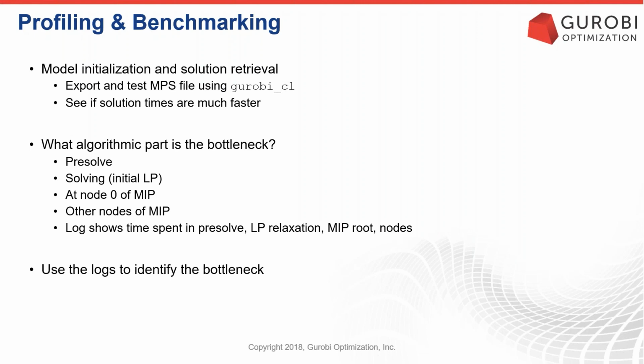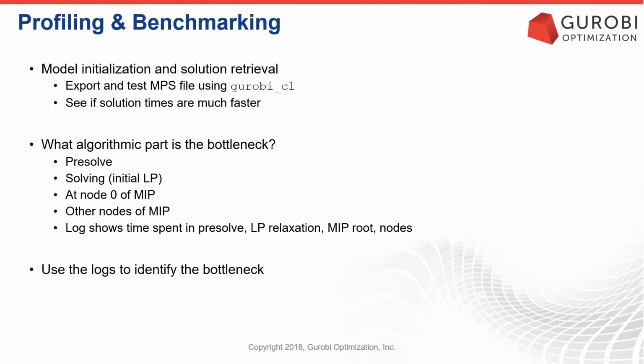So you export an MPS file, and then you just run it through our command line interface, so with Gurobi CL. So you don't need the model generator anymore, and you just use the plain model. So the whole model structure is there at once. And see if solution times are much faster. If yes, then it's a clear sign that the problem is somewhere else during the model construction.